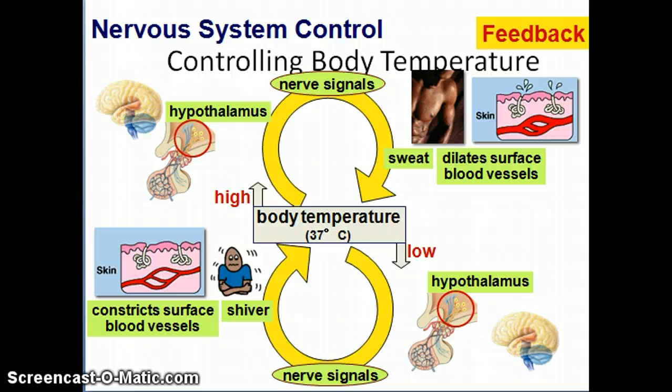So these are some other examples of negative feedback loops. This one is controlling body temperature. In this case, the set point for body temperature should be around 37 degrees centigrade.